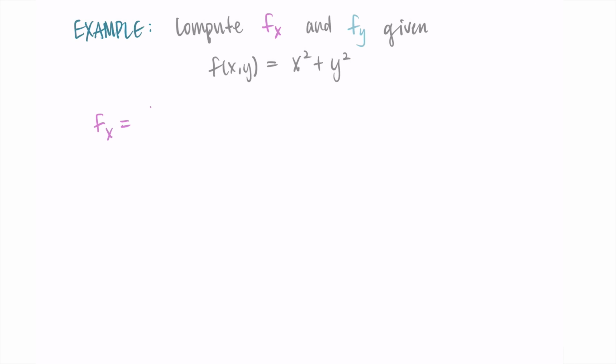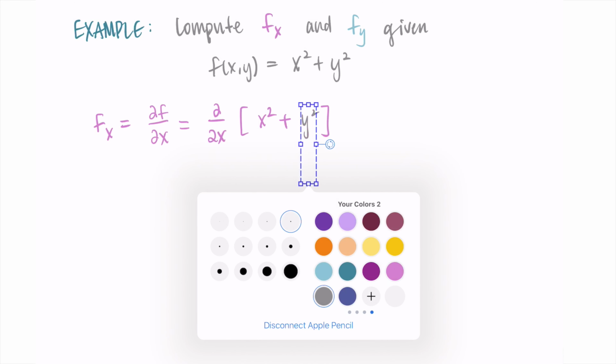And remember, we could write this as the partial derivative of f with respect to x. And so to do this, we're taking the partial derivative of x squared plus y squared. So I'm just practicing using some of those notations here to get you used to it. All right. So because we're looking at just the change in the x direction, we're going to treat y as a constant. So we're not looking at how y changes, so we don't really care if it's a variable. We just want it to be like a constant.